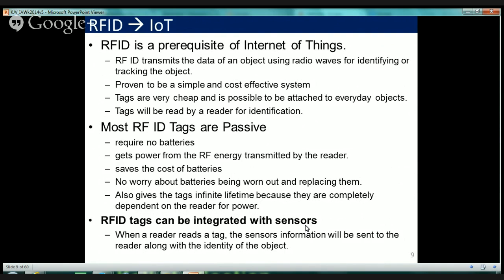There was a platform made at the University of Washington by a joint research with Intel a few years back, where they tried to harvest the ambient RF energy and then use that to do the sensing and then interface it with the RFID platforms to do the communication.